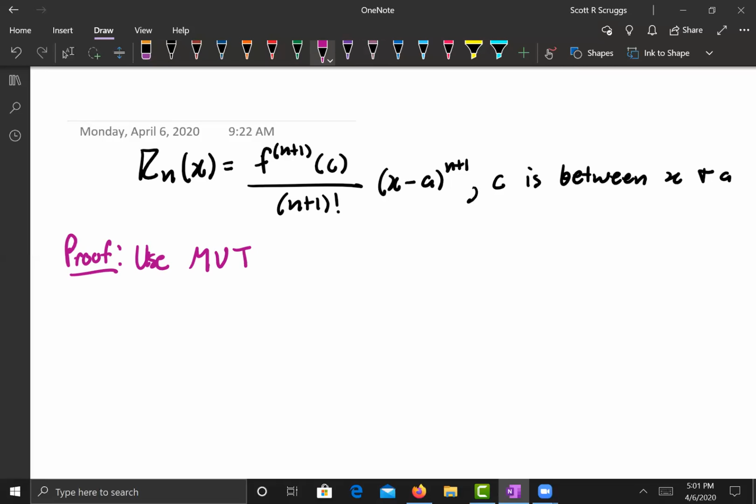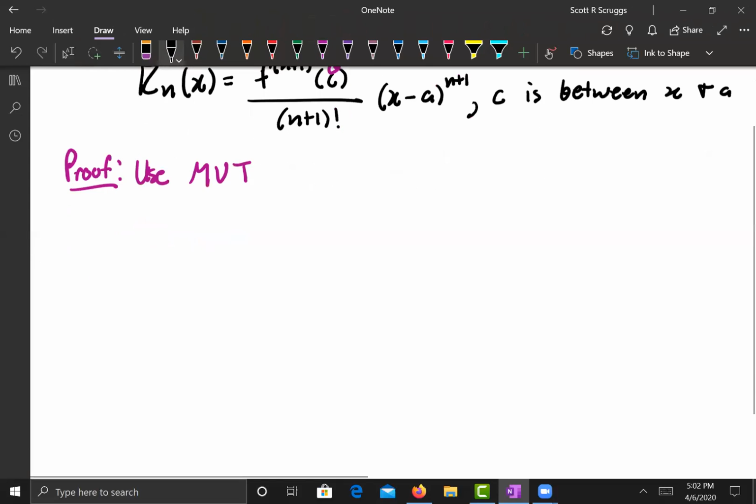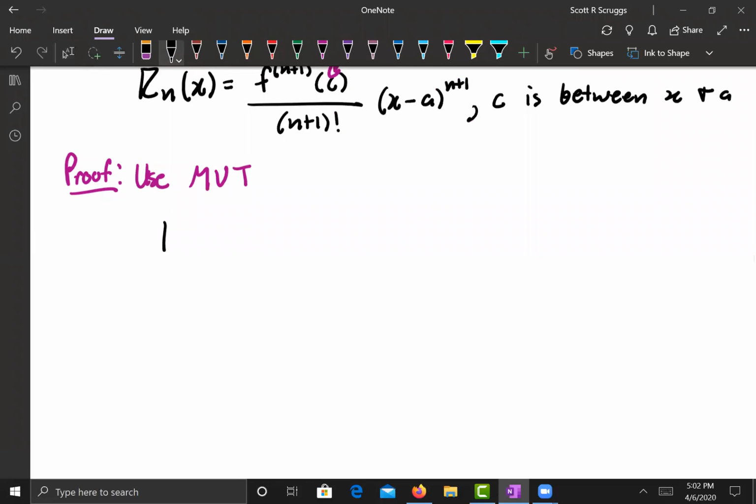But finding the exact remainder for a power series becomes very hard, mainly because, what is c? It's just any point in between x and a, so I can't really give a specific case. Because of that, the best thing I can do is estimate the remainder of a power series.